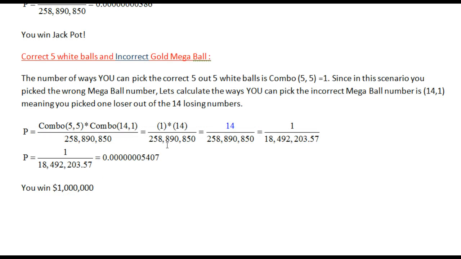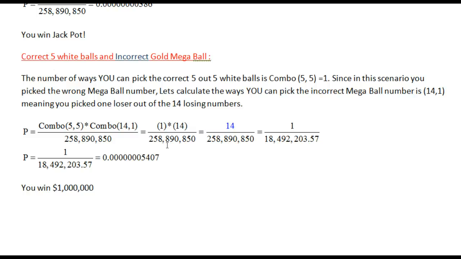Okay. So how do we do that? Well, the number of ways you can pick the correct 5 out of 5 white balls is combo 5-5. We just did that. Okay, so that's equal to 1. Okay, but in this scenario, since we picked the wrong mega ball, let's calculate the ways you could pick the incorrect mega ball. And how can you do that? Well, there's 15 balls. Okay, only one of them is correct, and you picked one of the 14 losers.